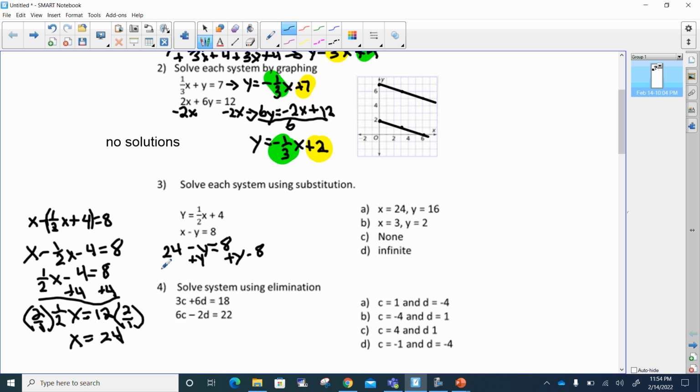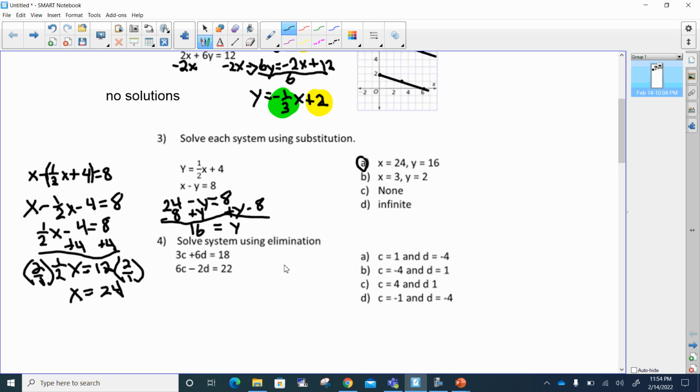So 8 minus 8 is 0, so that leaves me y. And 24 minus 8, that equals 16. So y equals 16. With x equaling 24 and y equals 16, A has to be my answer.